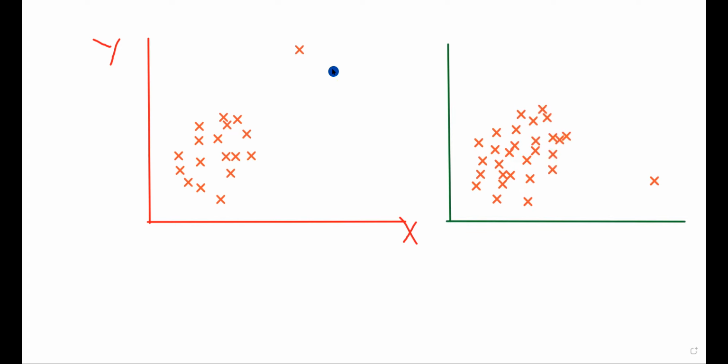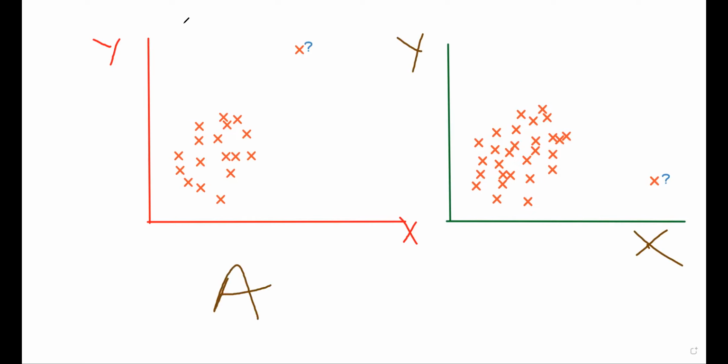My concern, ladies and gentlemen, is this very variable, this observation, and in this context, this observation. So you have your X and then you have your Y.